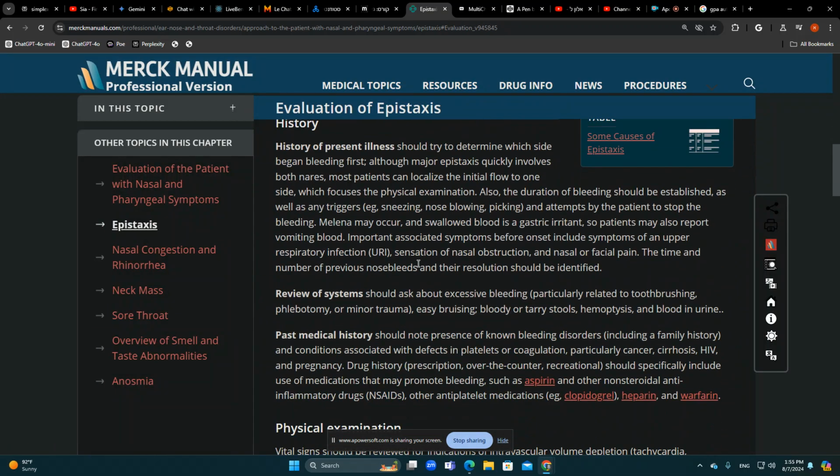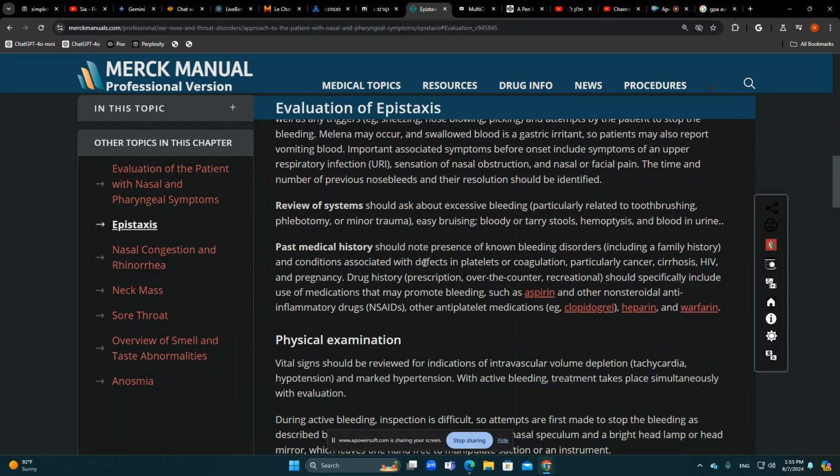So evaluation: when it happens, what the patient did, and whether there is any history of coagulation disorders or drugs that can be problematic like aspirin, heparin, or warfarin. All of these are coagulation medications that cause increased coagulopathy or increased bleeding.